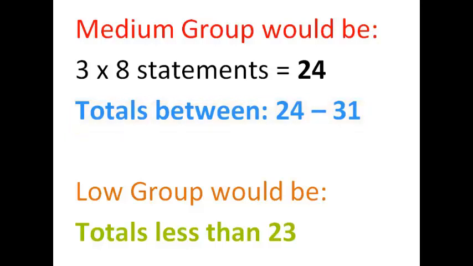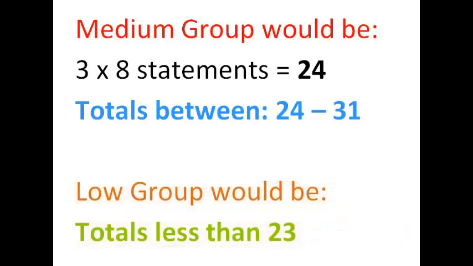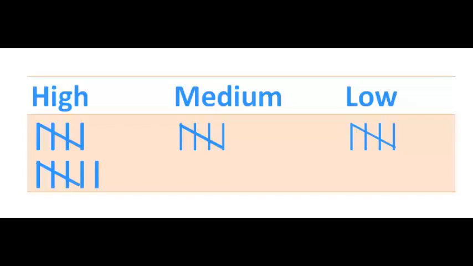And then to get to the low group, we just go 1 less than the medium group range of 24, so we'd go totals less than 24, 23 or below, would be the low group. So you need to make sure that you figure out your high, medium, and low groups based on the number of statements that are in your section. So once you do that, go ahead and indicate who's in the high, medium, and low group, and then do a collective tally so you know the number of respondents that are in the high, medium, and low group for subjective norms.